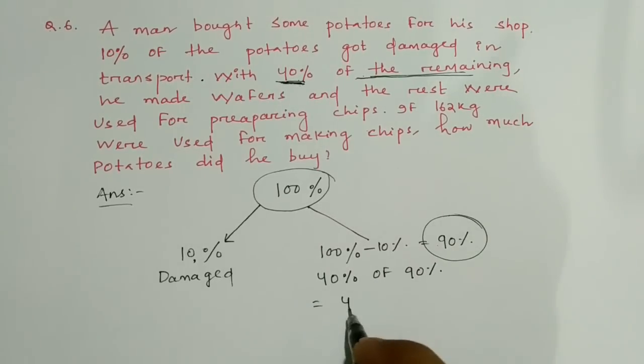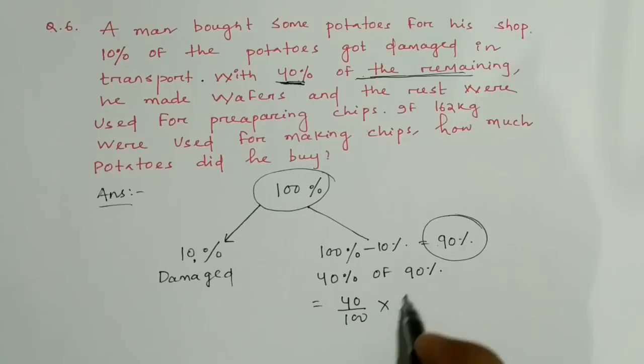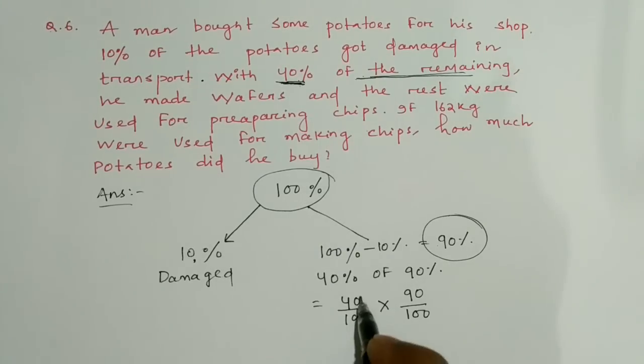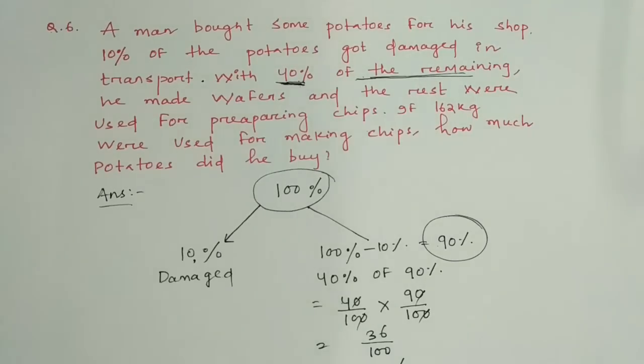So it will be 40 by 100 into 90 by 100. So 10 gets cancelled. That will be 4 into 9, 36 by 100. That is, you can say, 36%.